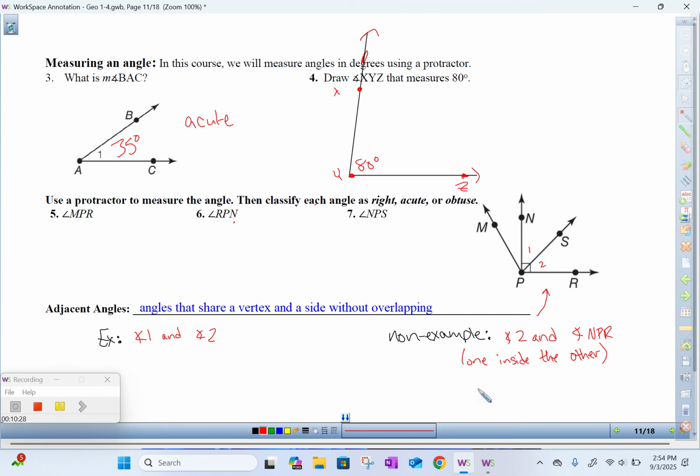Okay, or simply 2 angles that don't touch at all. Okay, so that's example 2, non-example 2.